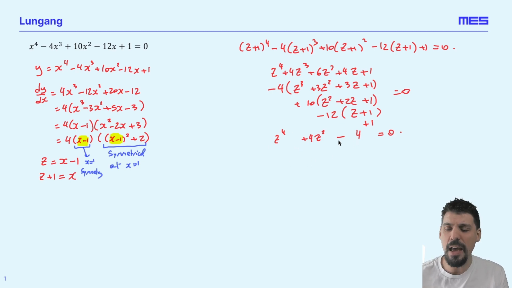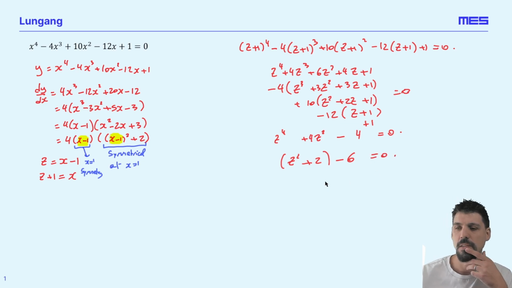But what we now have is a quartic without the z cubed and the z, so it's effectively a quadratic. I could complete the square on this: z squared plus 2, gives me minus 6, nope, minus 8.